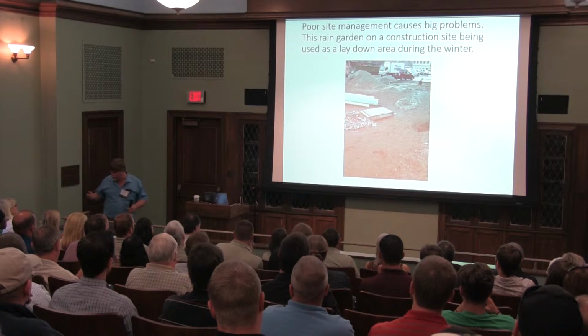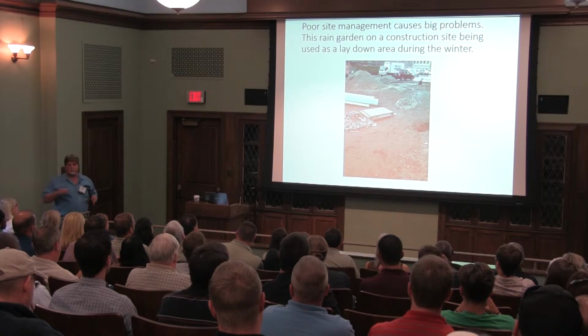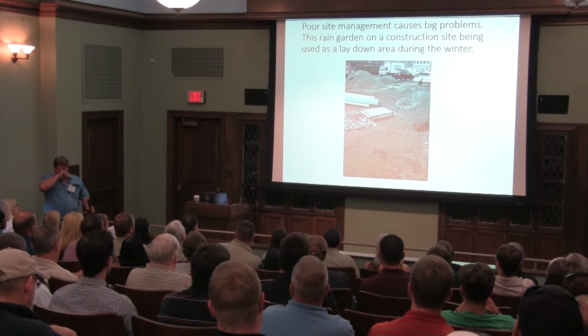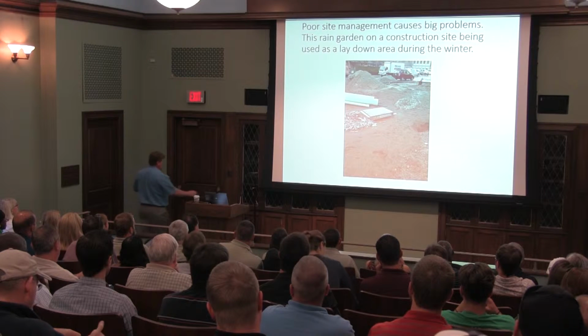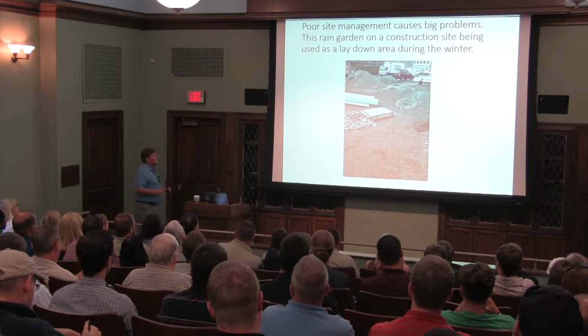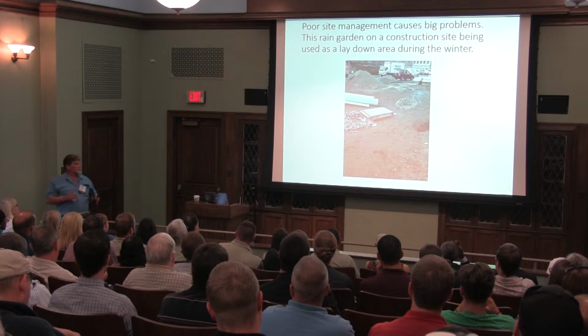So existing soil conditions are critical to understand when you're doing a successful rain garden. This is a construction site where the rain garden soils were provided by the site contractor.